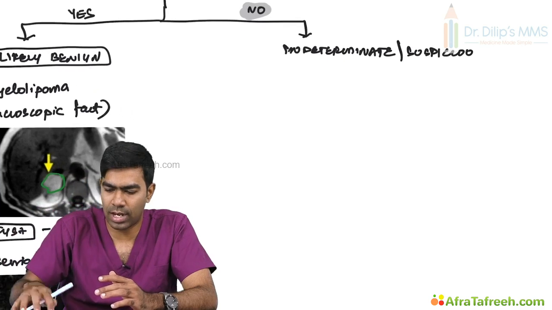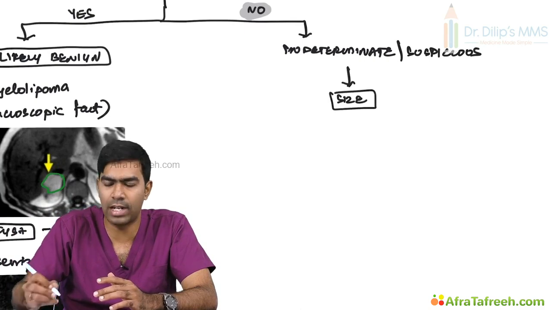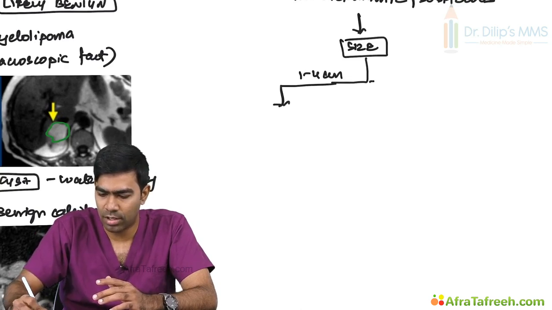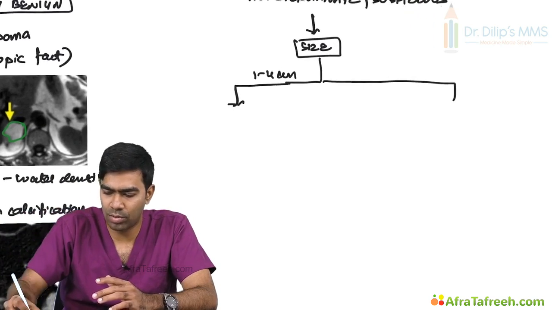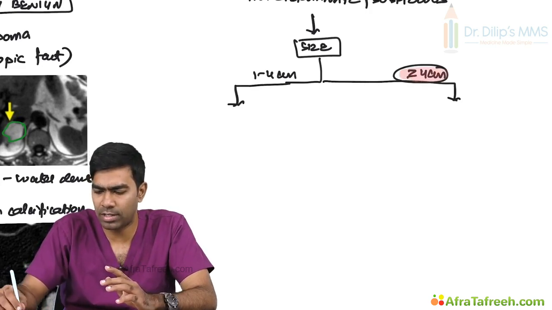Now you can decide based on the size, even though the guidelines differ widely on this. See the size, whether it is 1 to 4 centimeters or more than or equal to 4 centimeters. More than or equal to 4 centimeters has a high probability of malignancy.